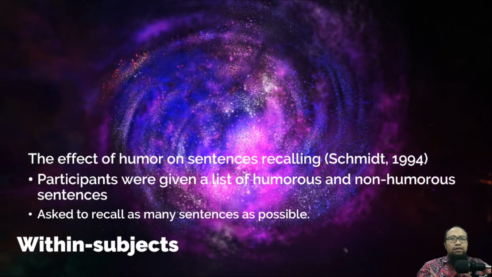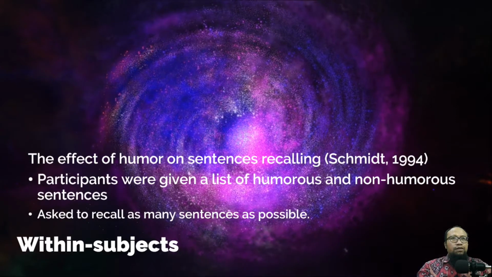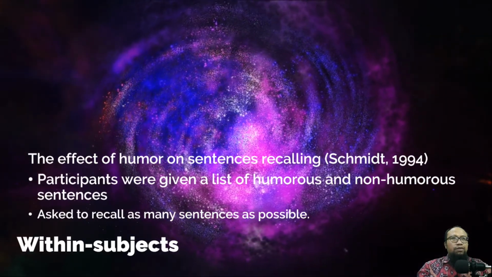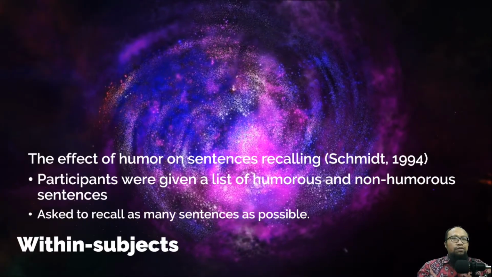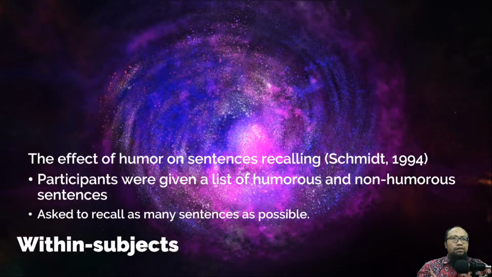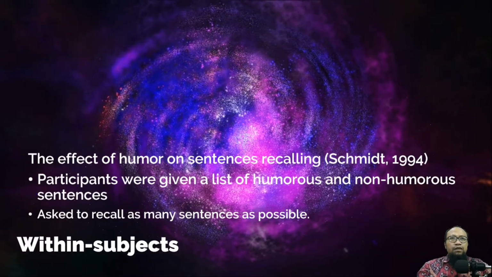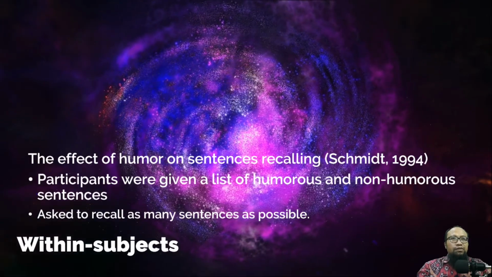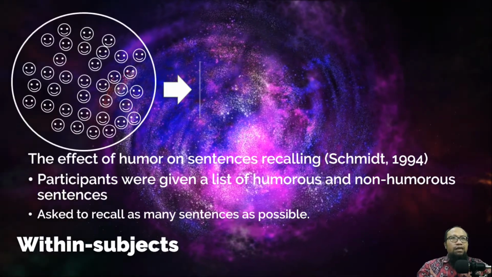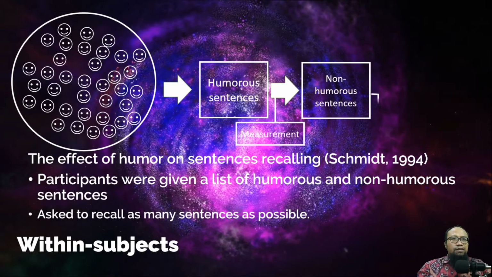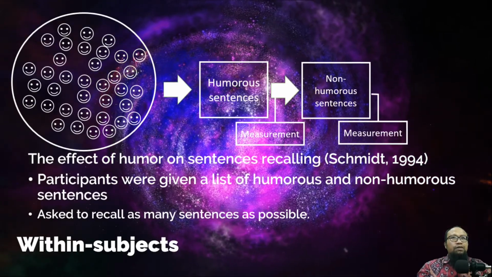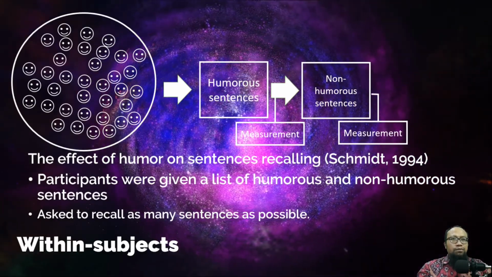This is an example of within subjects design: an experiment to investigate the effects of humor on sentence recall. A group of participants were given a list of humorous sentences and asked to recall as many sentences as possible.